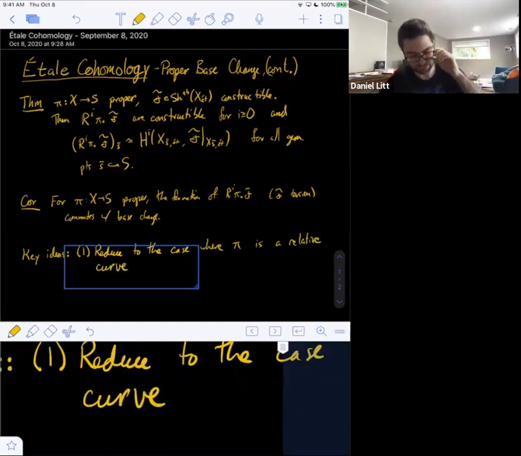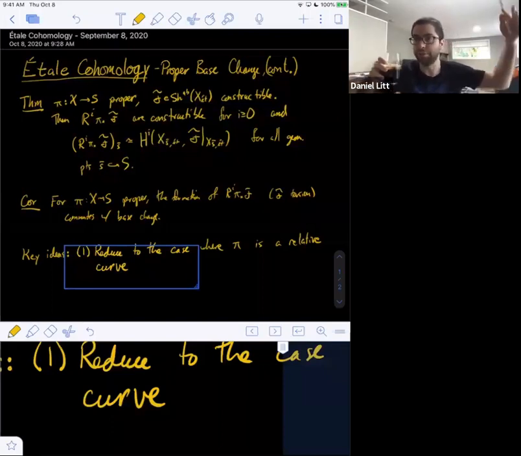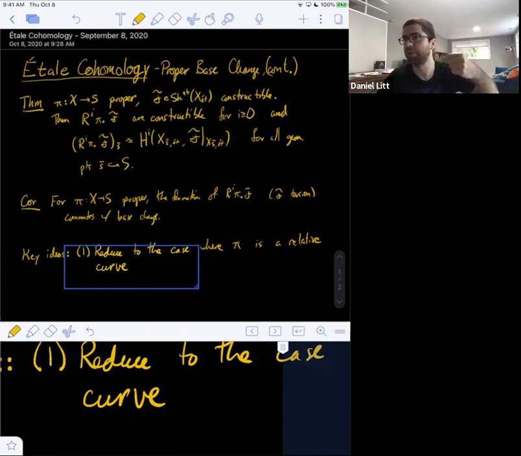I think it's at least plausible that one can do this. The idea is that, imagine that X was quasi-projective. Then at least after blowing up, you can factor π as a sequence of maps, each of which are relative curves, and then use the Leray spectral sequence. Once you know the pushforward through one of those is constructible, then you've reduced yourself to the case of one dimension less.